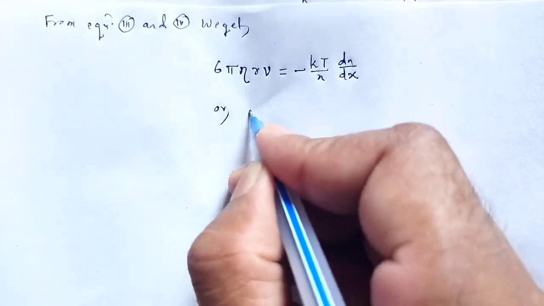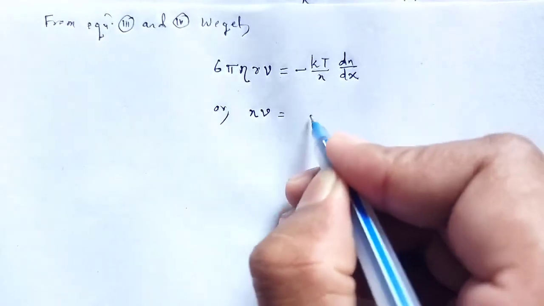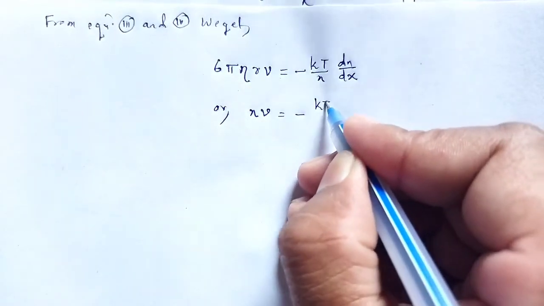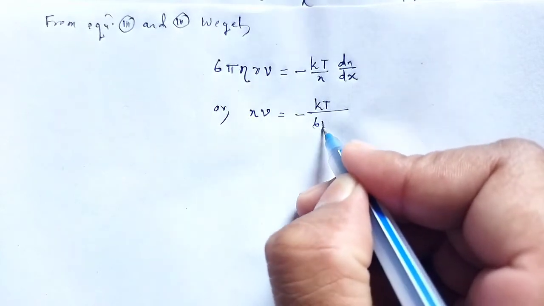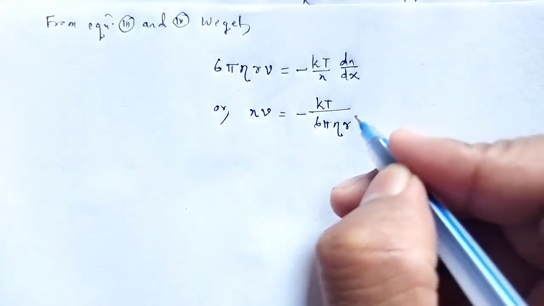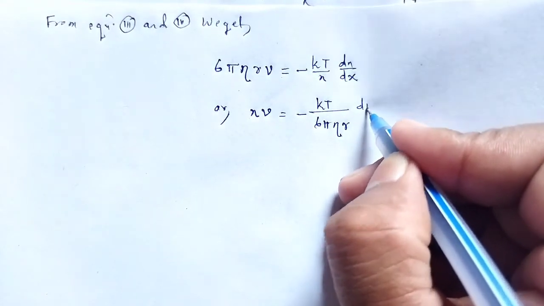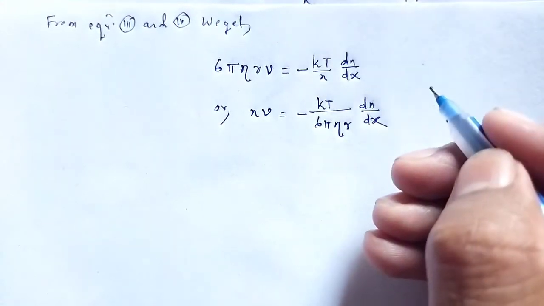Therefore, n v is equal to minus kT by 6 pi eta r dn by dx.